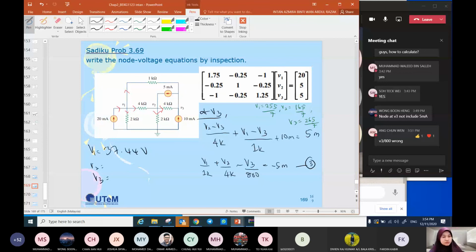V2 is please remain your answer in 3 decimal points.